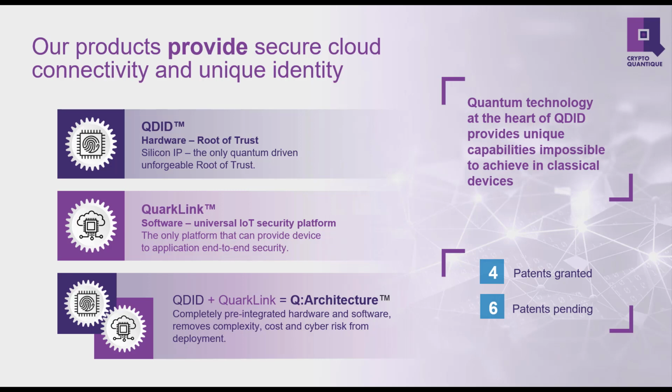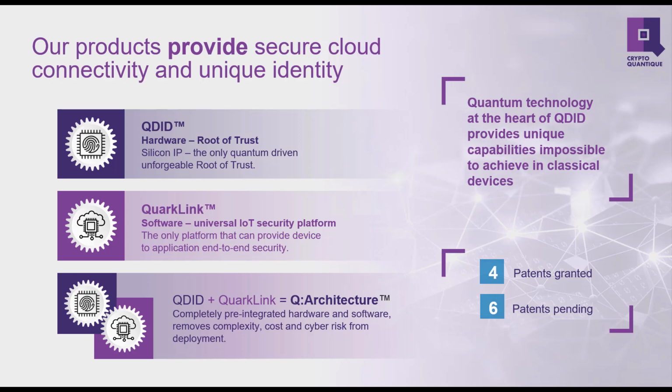Let's first have a look at the QDID. This is a silicon IP that can be integrated into a semiconductor device, for example, a microcontroller or an ASIC or a system on chip. Once integrated, the QDID forms part of the root of trust of that silicon device and provides it with a quantum-driven, unforgeable root of trust.